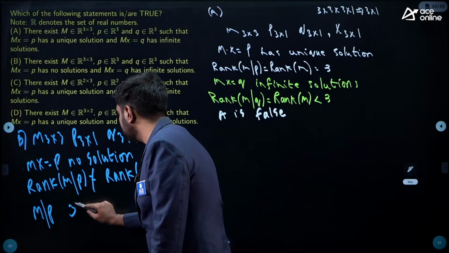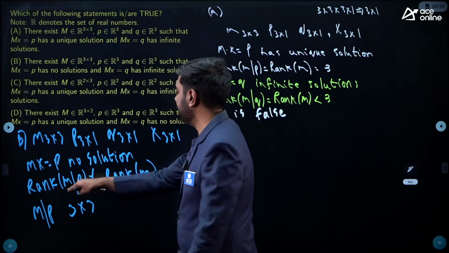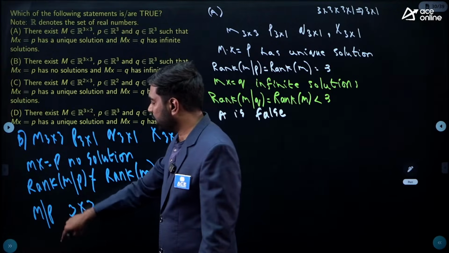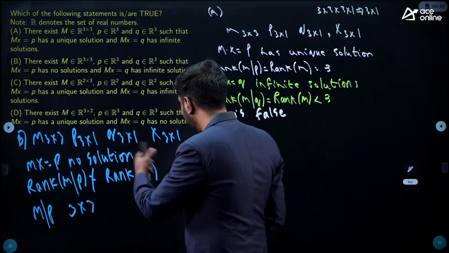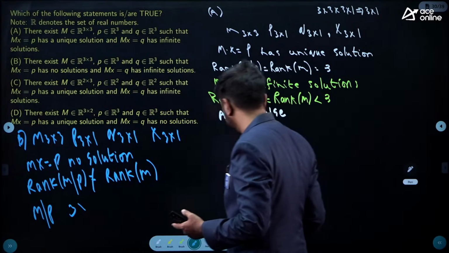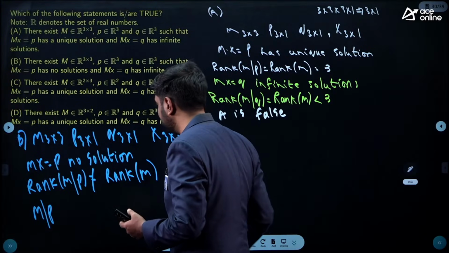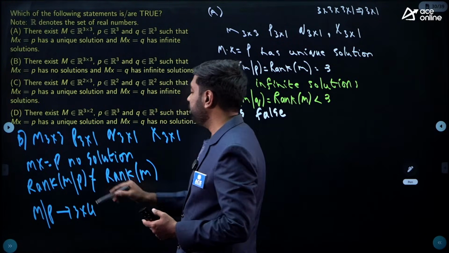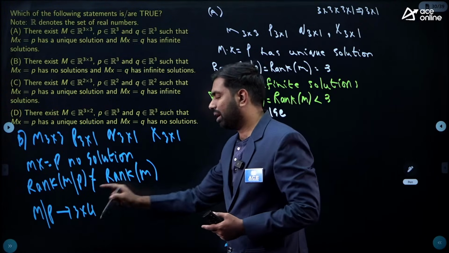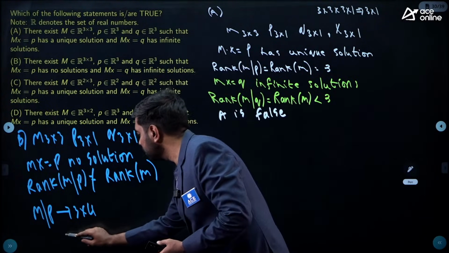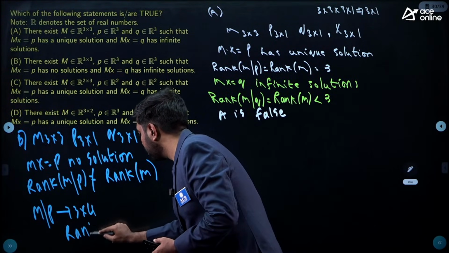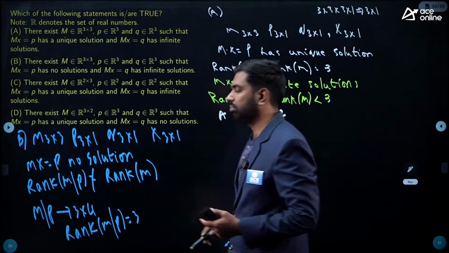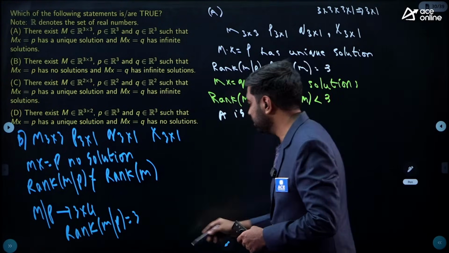Basically M is a 3 cross 3 matrix. It will have 3 rows and 3 columns, and when you look at the augmented matrix, you will add one more column. So this is basically a 3 cross 4 matrix. For a 3 cross 4 matrix, the maximum rank possible is 3. So I will set rank of [M|P] to be 3, which is possible. Yes, you can create such a matrix.